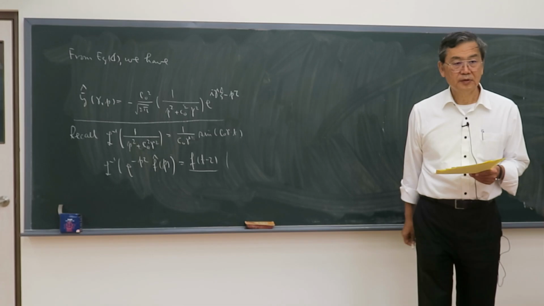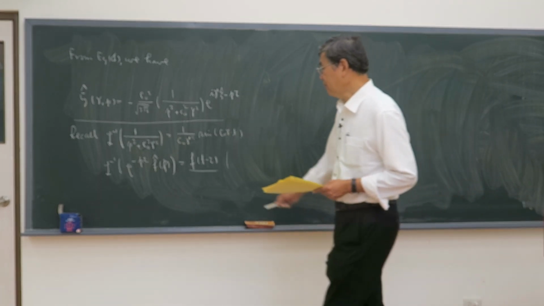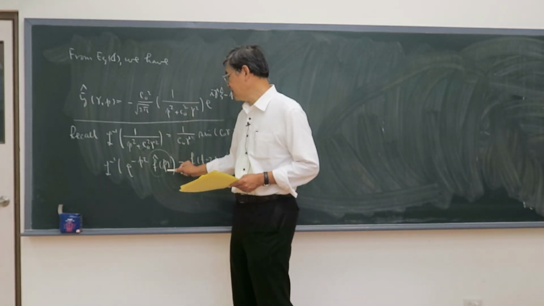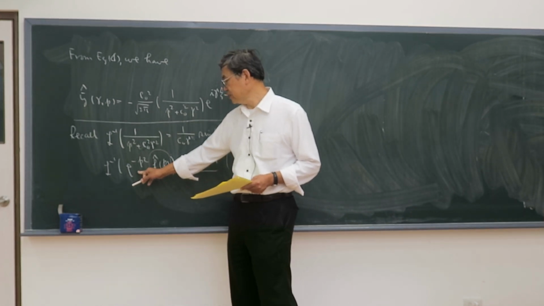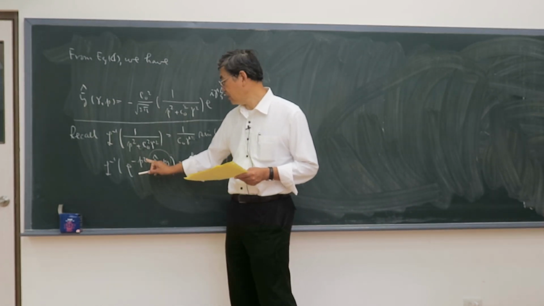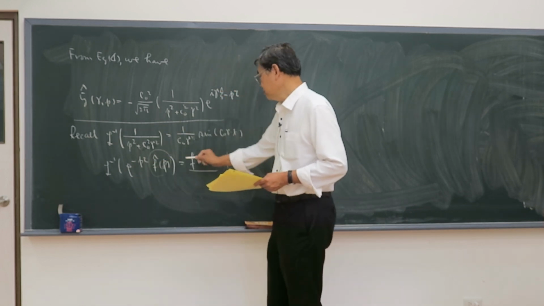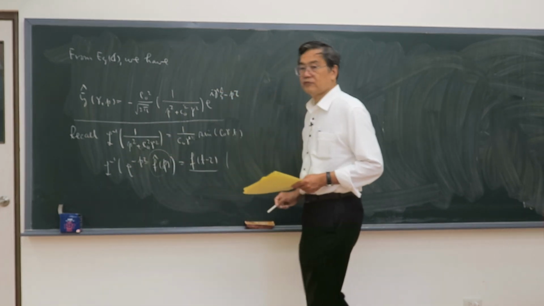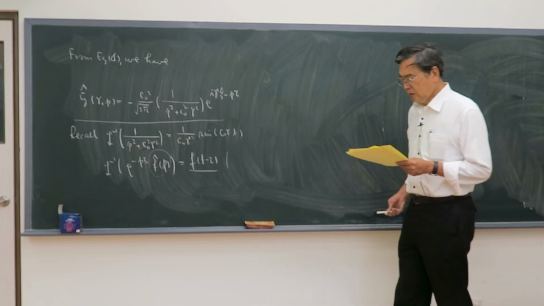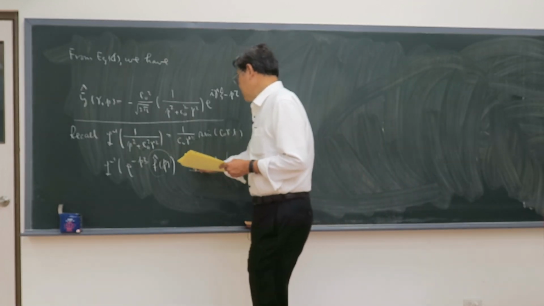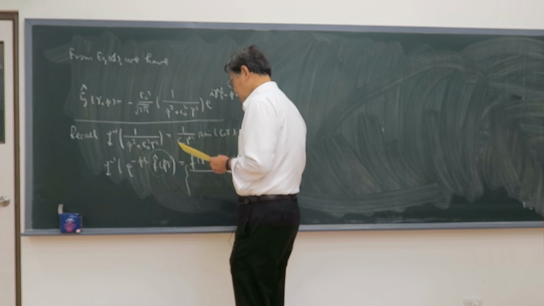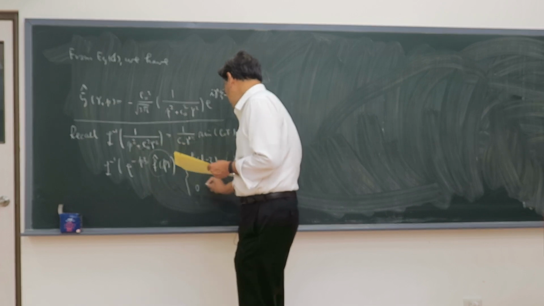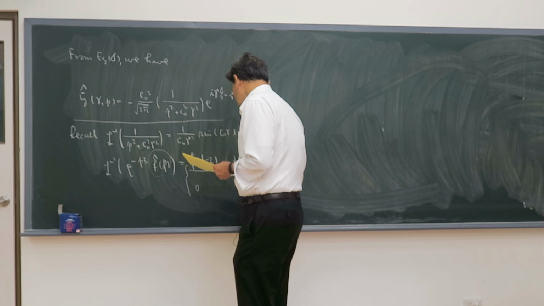If you find something familiar with a transform function, and it is multiplied by the exponential minus p tau, just do a tau shift. So this is f of t minus tau for t larger than tau, and equal to 0 for t smaller than tau.